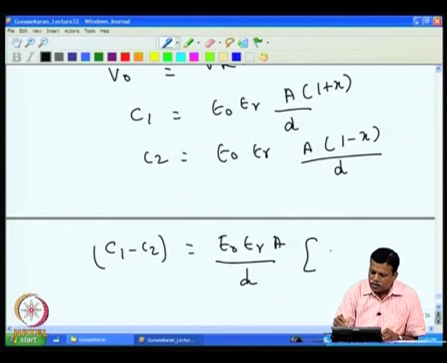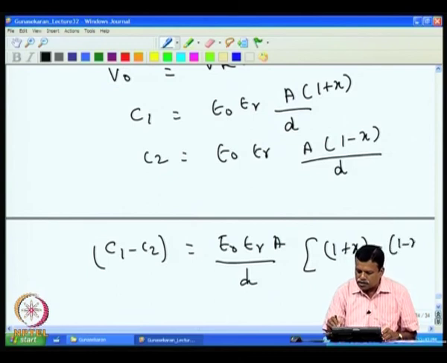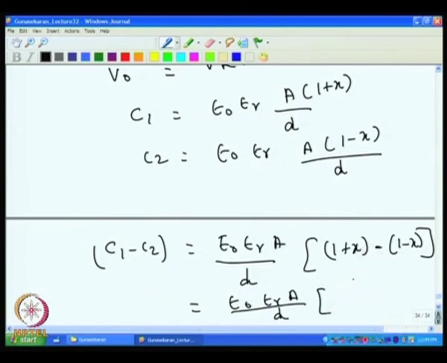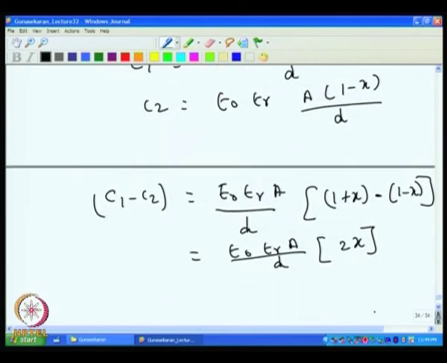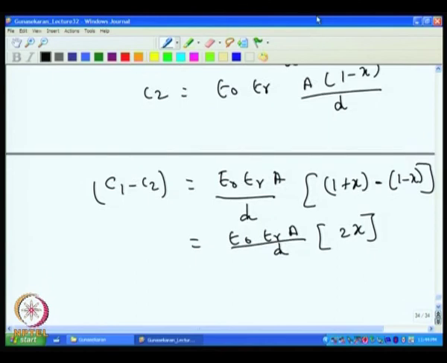So, you will have 1 plus x minus 1 minus x, which works out to 2x. So, it is a wonderful thing because C1 minus C2 is linear with the displacement.